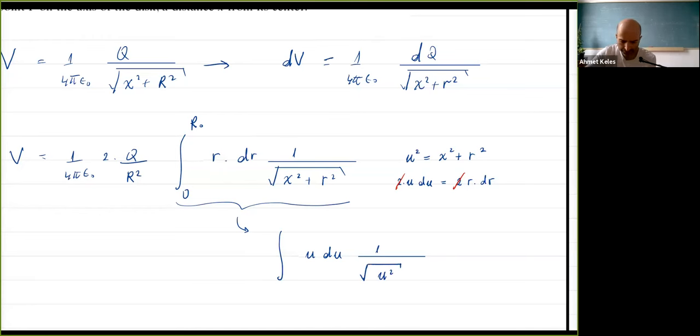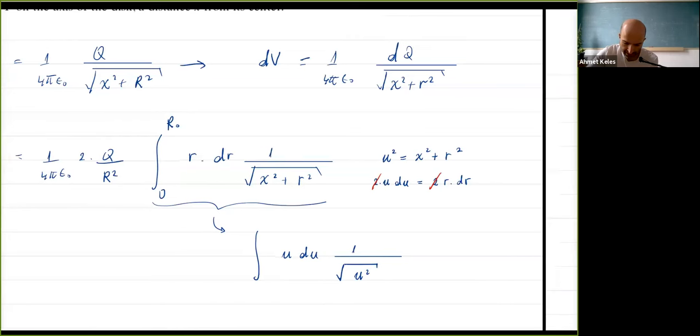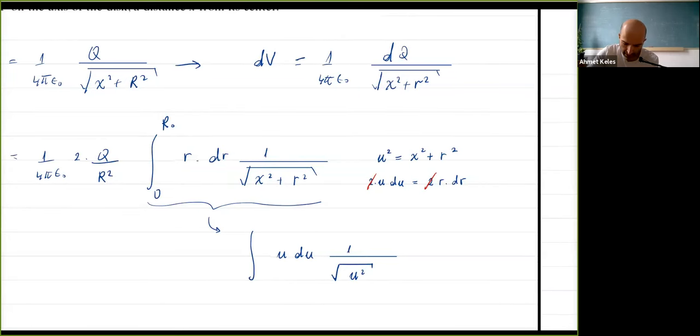And my integral limits, if r is equal to 0, I get u is equal to x, and if r is equal to r naught, u is equal to square root of x squared plus r naught squared. Okay.